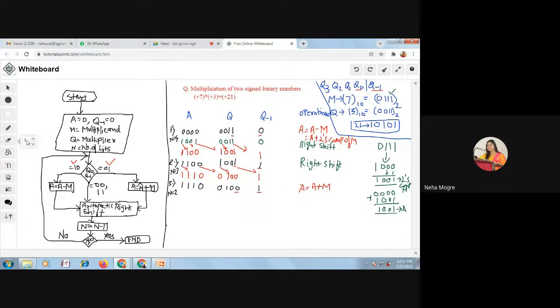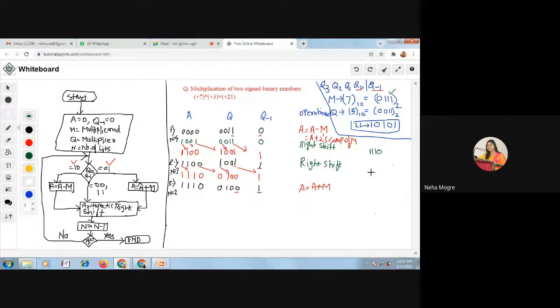Okay, just a second. I'll perform this on the rough side here. See, the value of A is 1 1 1 0.